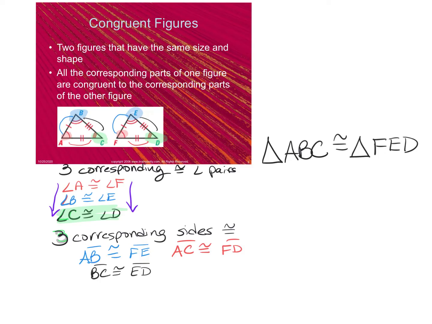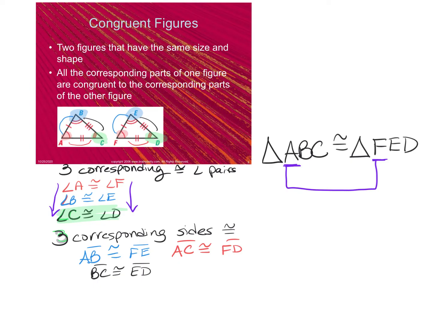If you're only ever given a statement like this, we can use this to create our own picture and then add in the congruency marks. So for example, notice the first letter here, letter A, is going to match with the first letter in the second triangle. So these two angles would be congruent, which is the statement I put over there in red.